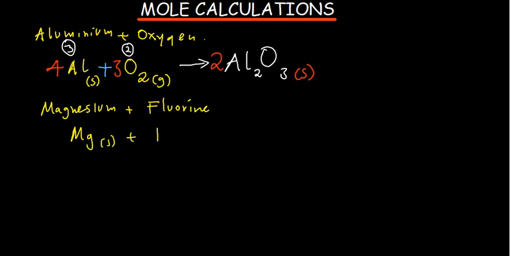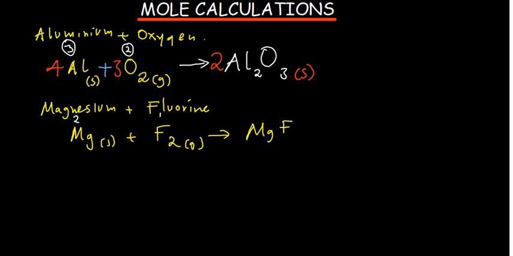And fluorine is a diatomic gas also. It's a gas. So when these two react, we are going to form magnesium fluoride. But we need also to know the valence of magnesium. Magnesium is in group 2. It has got a valence of 2. Fluorine is a halogen. It is in group 7, so it has got a valence of 1.